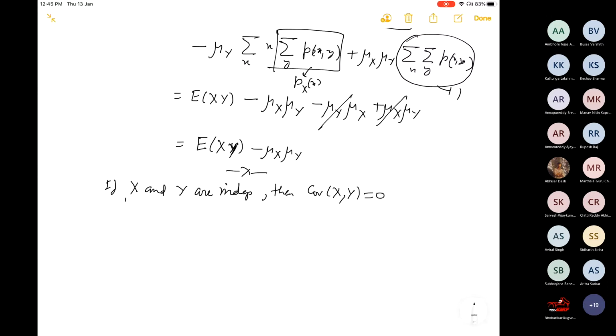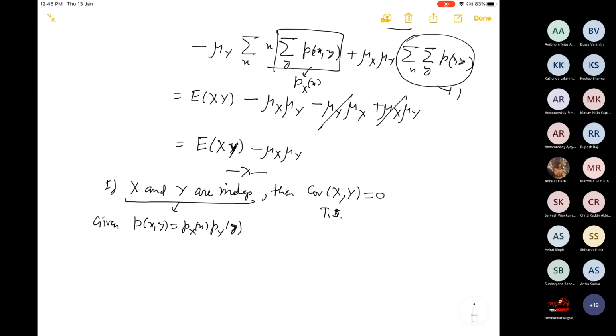What is the meaning of independence? Let us take the discrete case. The joint is a product of their marginal probability mass functions, that is given. We have to show that covariance is 0.